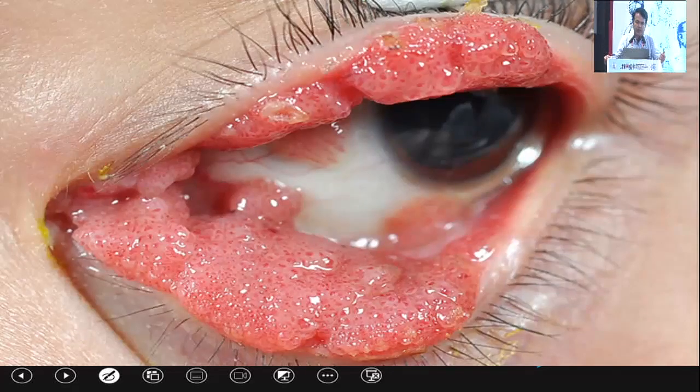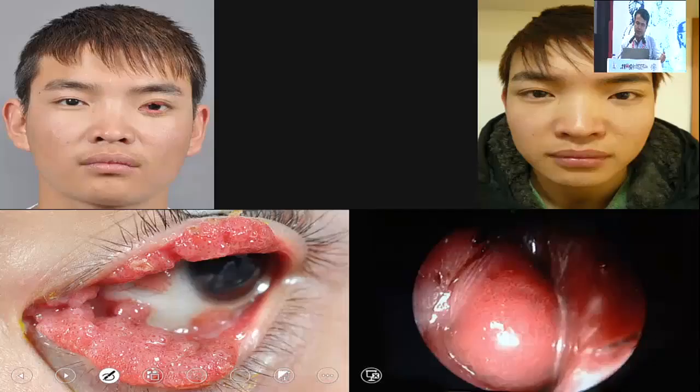This was a Mongolian patient who was referred after he was excised 3 times and he had a recurrent lesion. The entire ocular surface was involved, and not just that, it was in the nasolacrimal duct as well, and through that it was in the nose. So it was a large papilloma. We could vaporize and excise most of the conjunctival component.